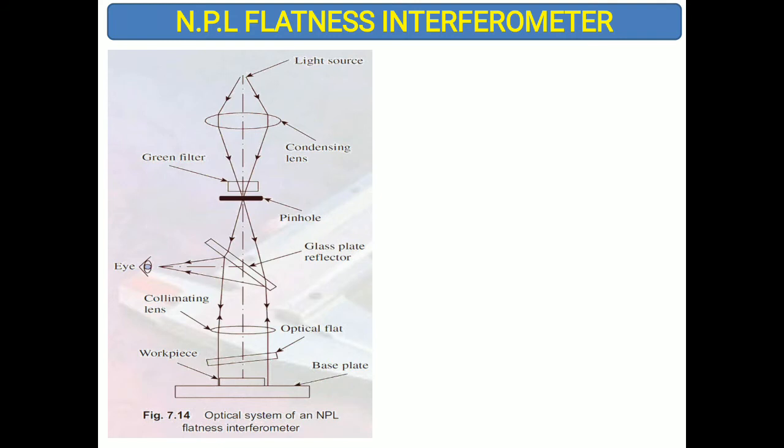So you can see, this is the N.P.L flatness interferometer. N.P.L means National Physical Laboratory. So this is called the N.P.L flatness interferometer. So what is there here? Here it is the light source. That light will strike this collimating condensing lens.